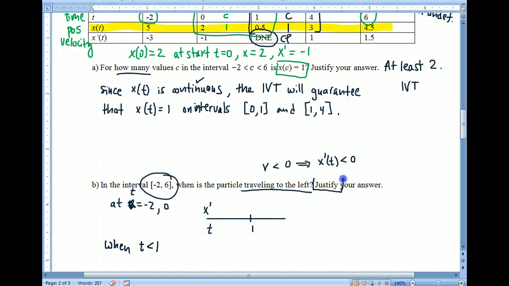Now, what would be a good justification for that? Try to just explain why. I just gave you the explanation, but if you had to re-explain it, what would be your answer? Say that again?